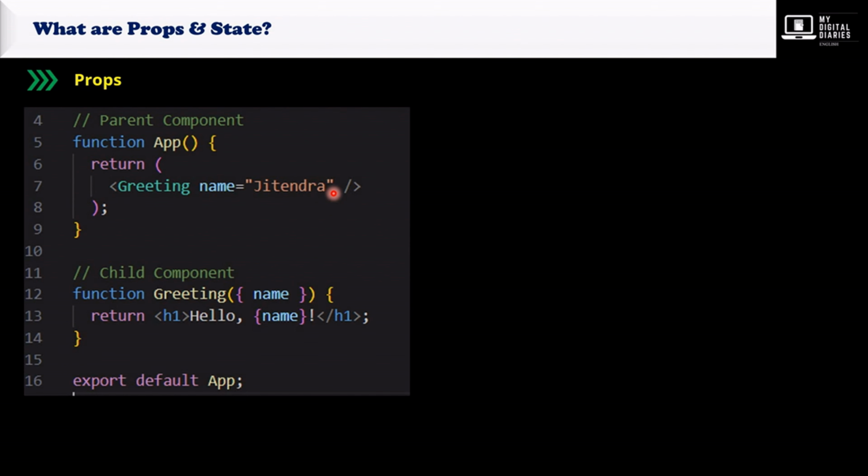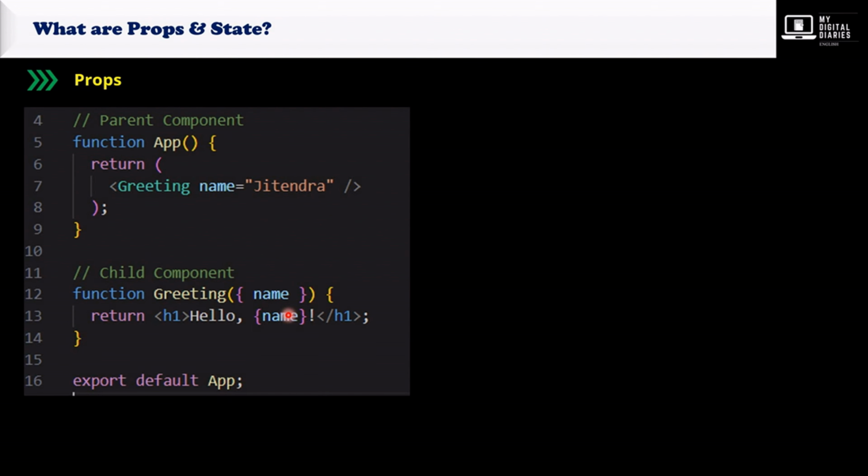Here we are passing a value called name with the value Jitendra from the parent component App to a child component Greeting. The Greeting receives this value in the variable name, and inside the return statement we display the value as it is. So when this component renders, the output becomes Hello Jitendra.